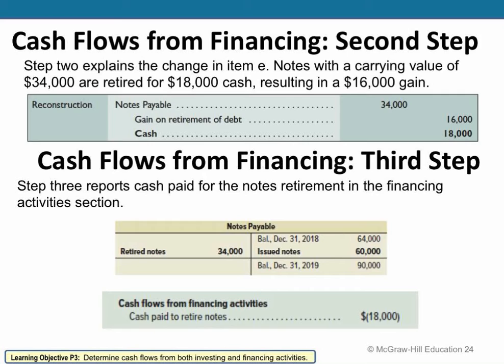We also issued $60,000 in those notes when purchasing the $60,000 plant assets, so that's going to be listed as a credit here, increasing that amount. So we're going to have cash flows from financing activities for paying that retired note. The amount that we used, $18,000, is going to be listed here.